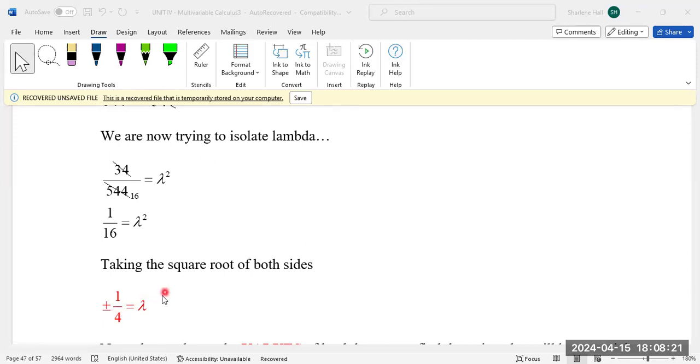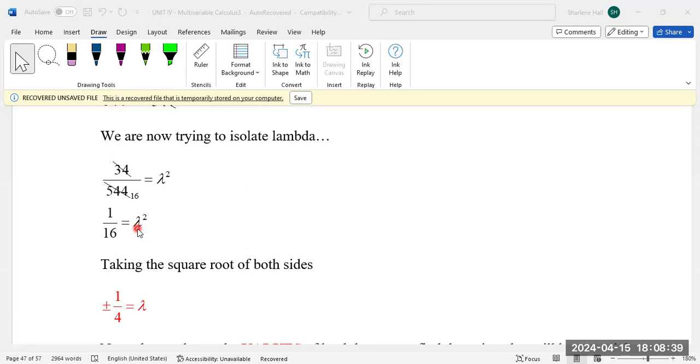So when I find the square root of lambda squared, I'm also going to find the square root of 1 over 16. And 1 over 16 has the square root 1/4.